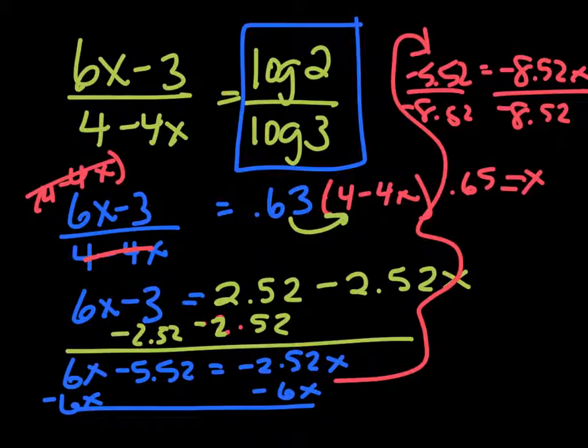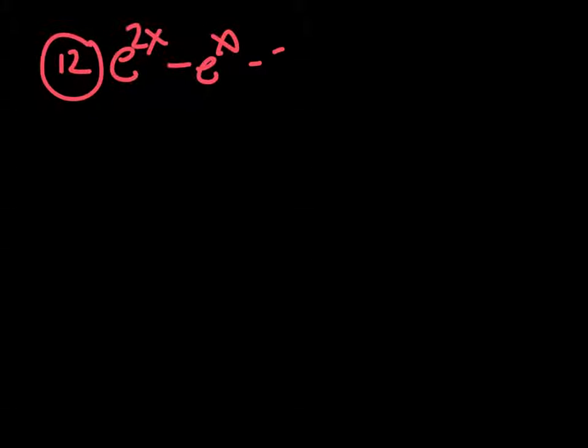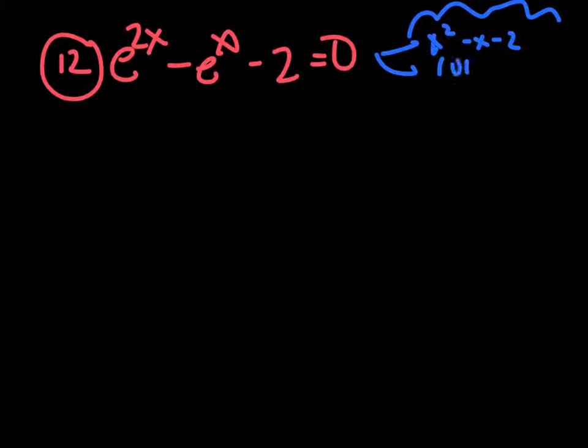Okay, so let's move on to the next. Problem 12. We have e to the 2x minus e to the x minus 2 equals 0. And if you'll notice, this kind of looks like an x squared minus x minus 2. So it kind of looks like this kind of quadratic. The only difference is you have e to the x.